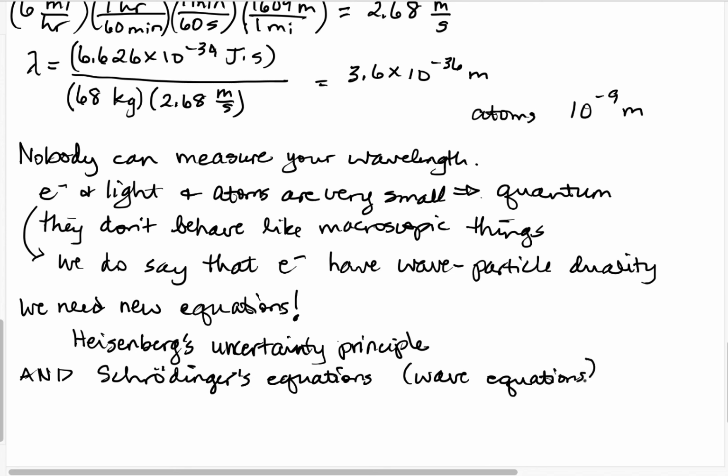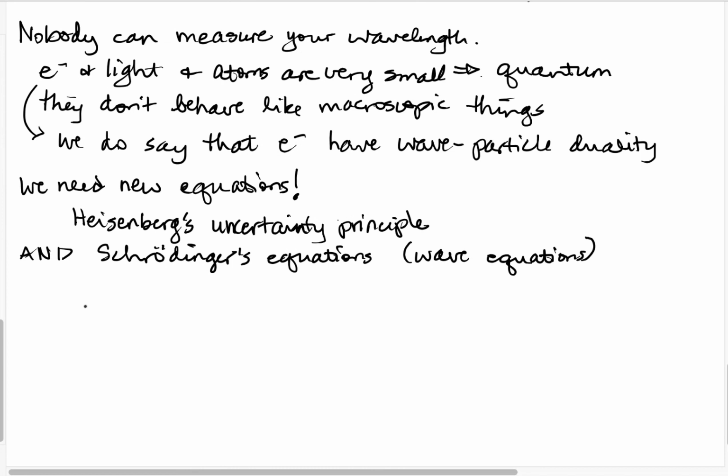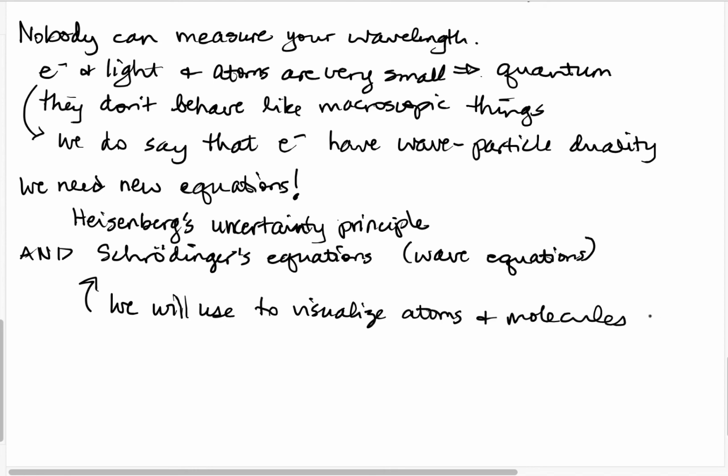And so his set of equations are called wave equations, and we mostly don't need to worry about his equations either, but we are going to use Schrodinger's equations to visualize what atoms are like in terms of their electrons and in how to understand their bonding. So this is what we will use to both visualize atoms and molecules and understand how and why they bond.